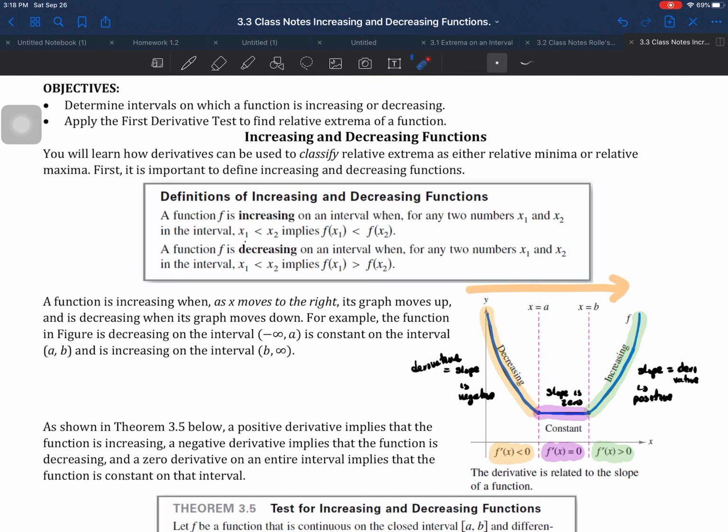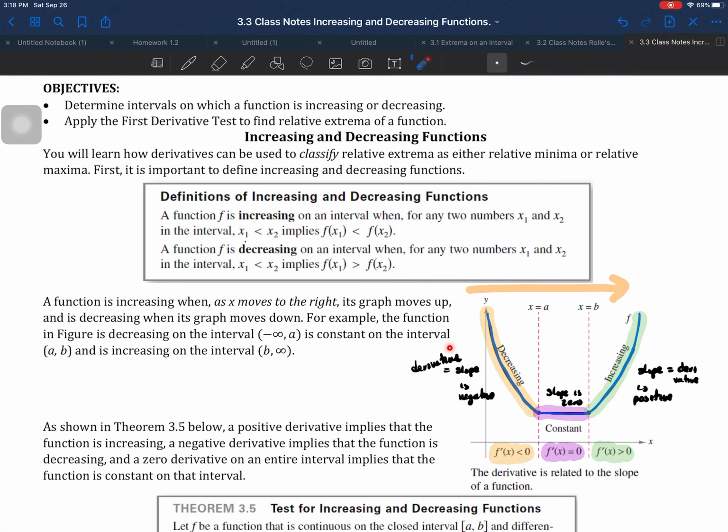Now this is actually very important for us. We want to be able to find these intervals where the function is decreasing, increasing, and constant. So the million-dollar question is, how do we relate this to calculus? Well, we already know that whenever you have a decreasing function, the slope is negative.